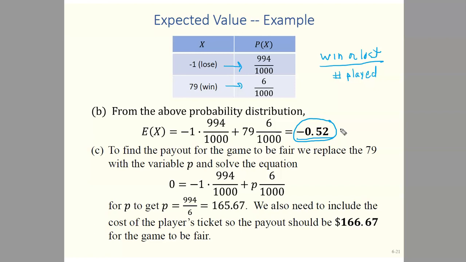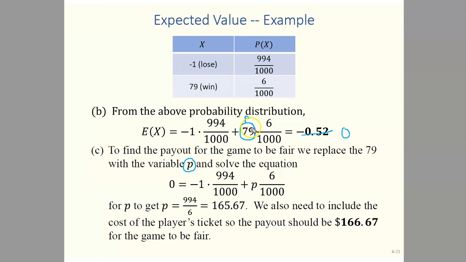Now, let's calculate what the payout by the state should be for the game to be fair. To find the payout for the game to be fair, what we do is replace this number right here with a variable p, and we set this quantity, instead of negative 52, equal to 0, and we solve for the p value right here.